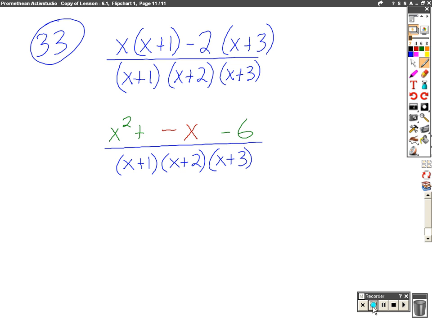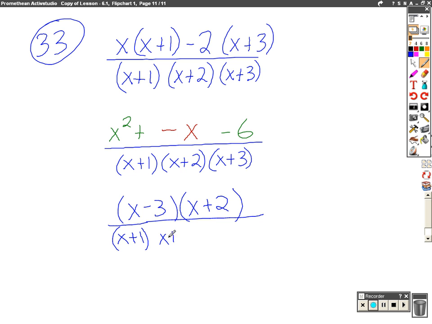Now I can factor the numerator as x minus 3 times x plus 2. Denominator stays the same. Now I have a common factor. Now that everything's completely factored, now these x plus 2's can go. And I am left with x minus 3 over x plus 1 times x plus 3.